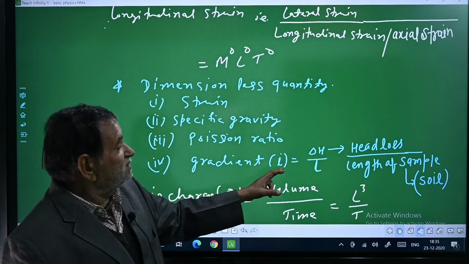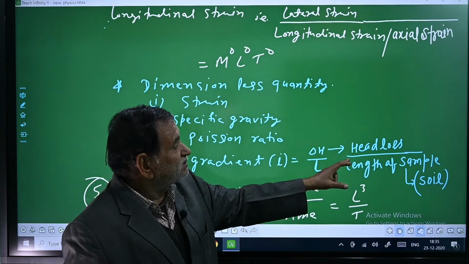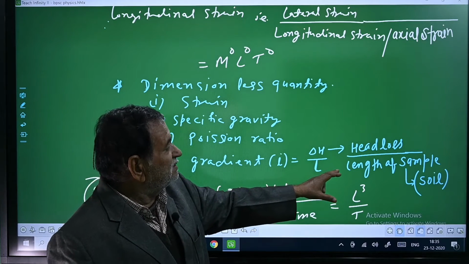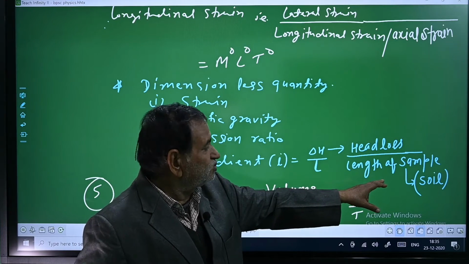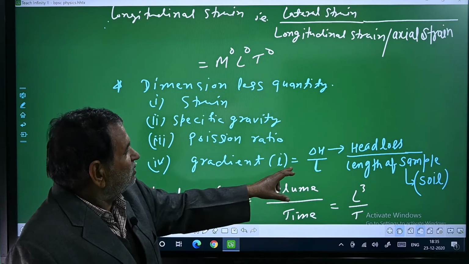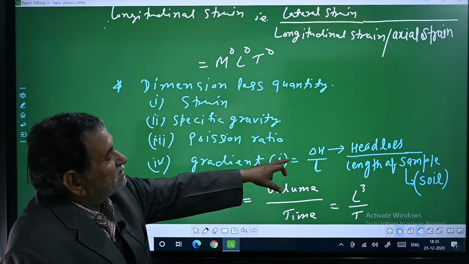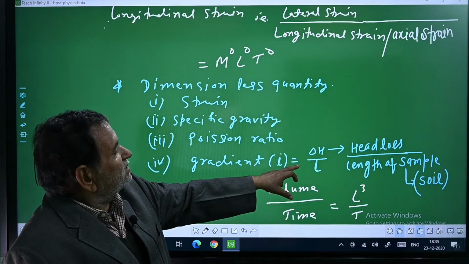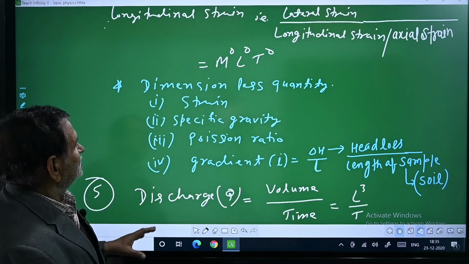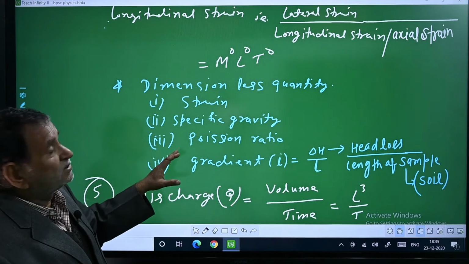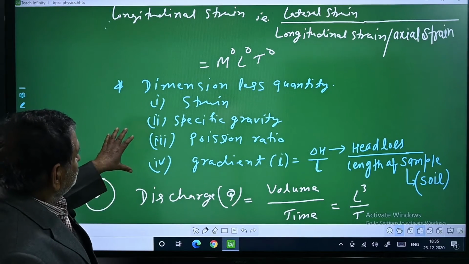Gradient i is the ratio of delta H by L, where delta H is the head loss and L is the length of the soil sample. As it is the ratio of two similar quantities, it is dimensionless. So there are four dimensionless quantities in this list.